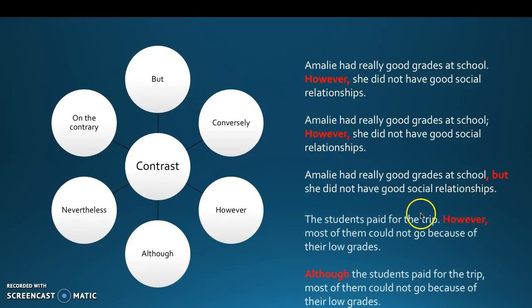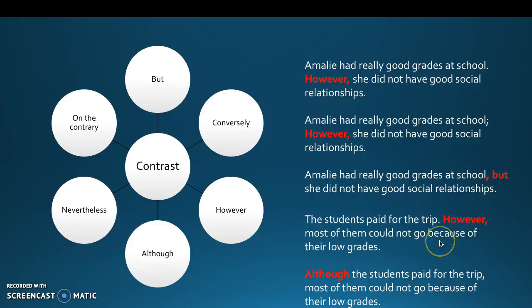And here we have an example in which we use the other one, that is although, that basically has the same function. So we have the example: the students paid for the trip. However, most of them could not go because of their low grades. And we are saying the same but using although. Something very important here is that when we use although, we cannot use however or but in the middle of the two clauses.